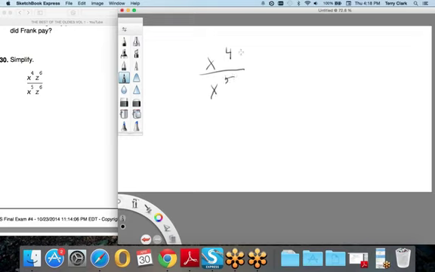Okay, probably the better way of doing it, we'll expand the problem and then we'll cross cancel out of it. So x to the 4th power is really 4 x's. It's really x times x times x times x.